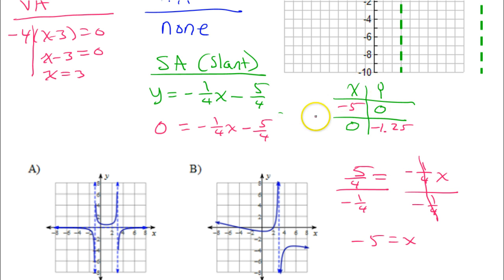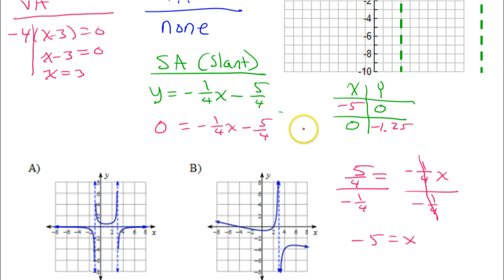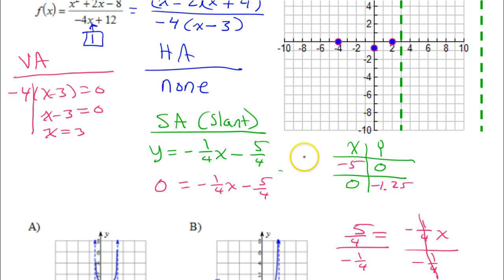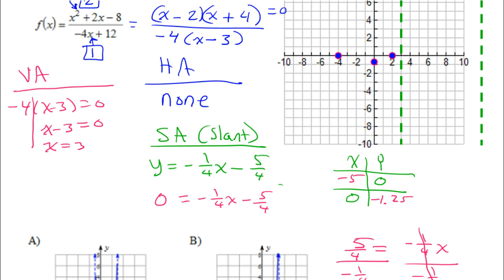So this is the x and y intercept of this slant asymptote. In other words, the slant asymptote should pass through negative 5, 0, which is right here, and it should pass through 0, negative 1.25, which is like right here.